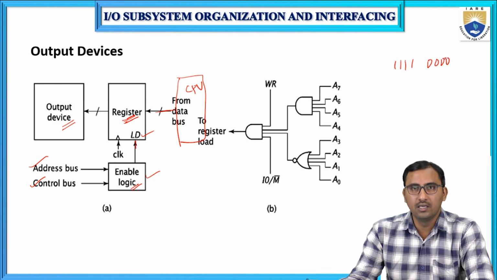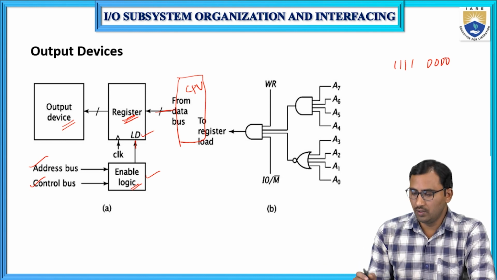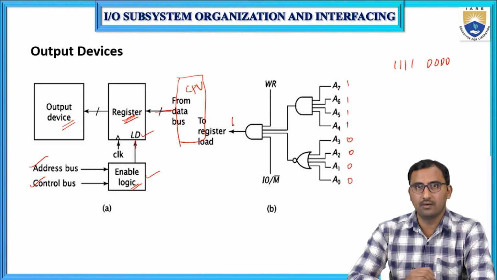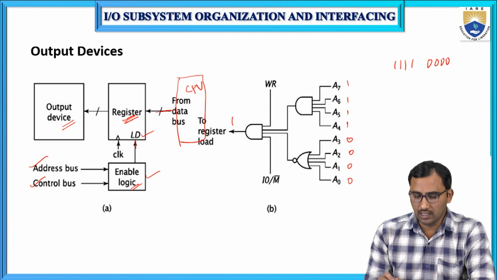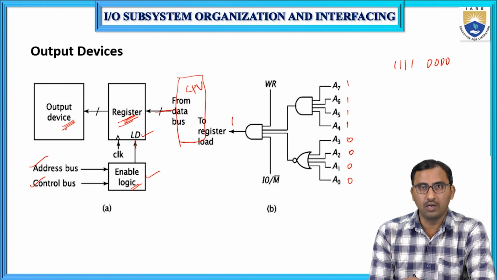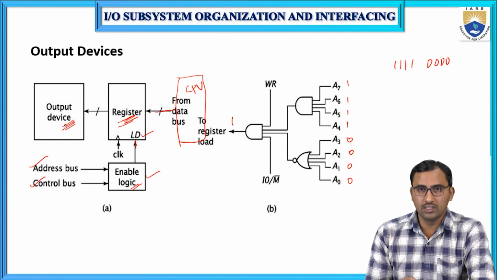This is the address of the output device mapped with the CPU. So if you consider the same address, similarly you will get the same logic, which we have already seen. Whenever this enable logic circuit generates a load signal, the registers are loaded with the data. Then the data present in the registers will be given to the output device. So this is the way of interfacing the output device.